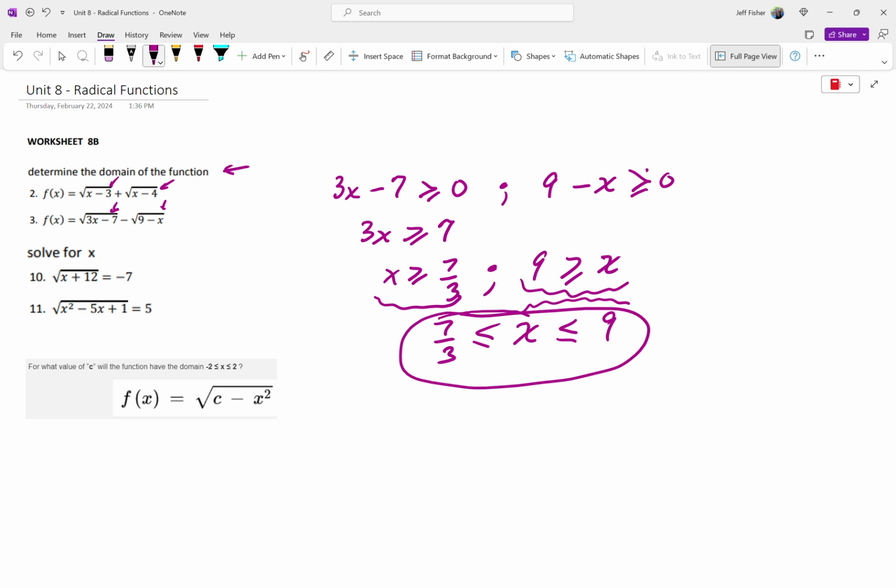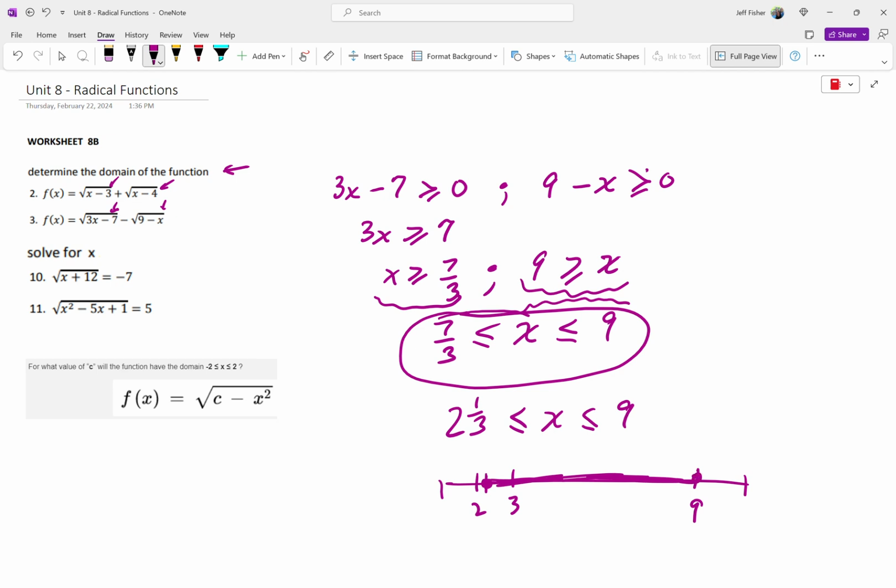So our solution is 2 1/3 less than or equal to x, less than or equal to 9. On the number line, our solution looks like this. We've got 9 out here, and we've got 2 1/3, inclusive, all the way out through 9, inclusive.